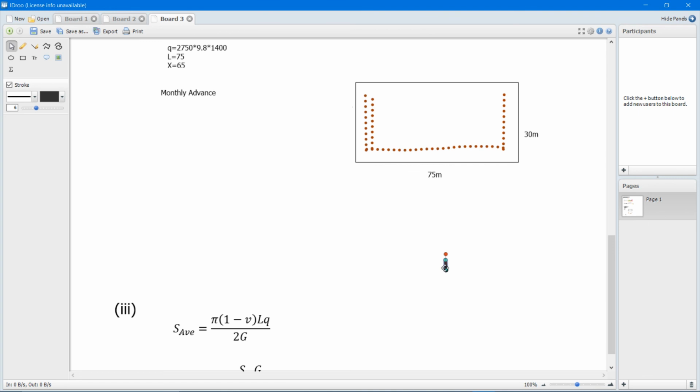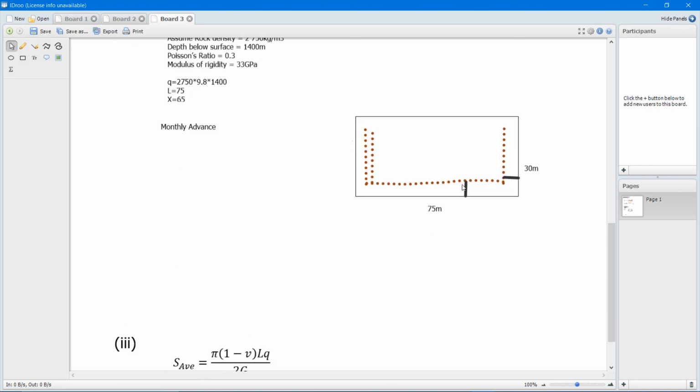There. Yeah, so the black line was just there to signify the 1.5 meter distance from the face and from the edge of the panel.